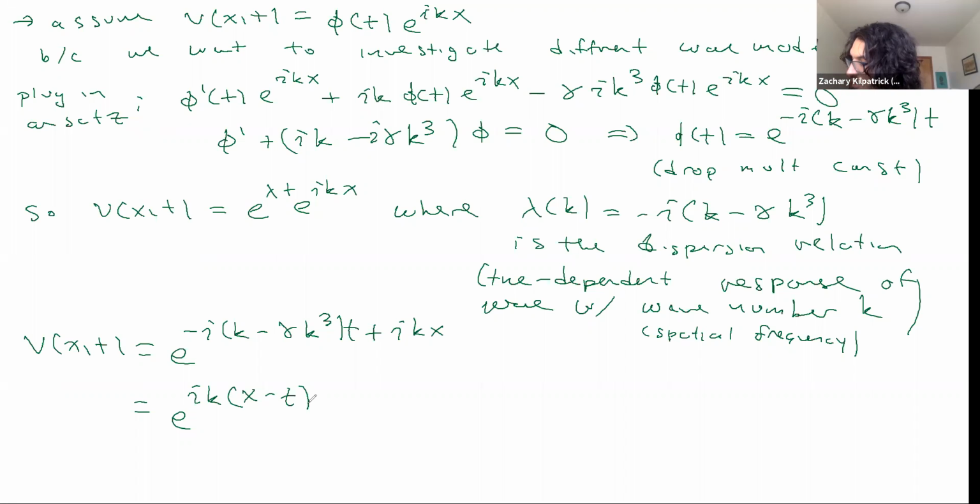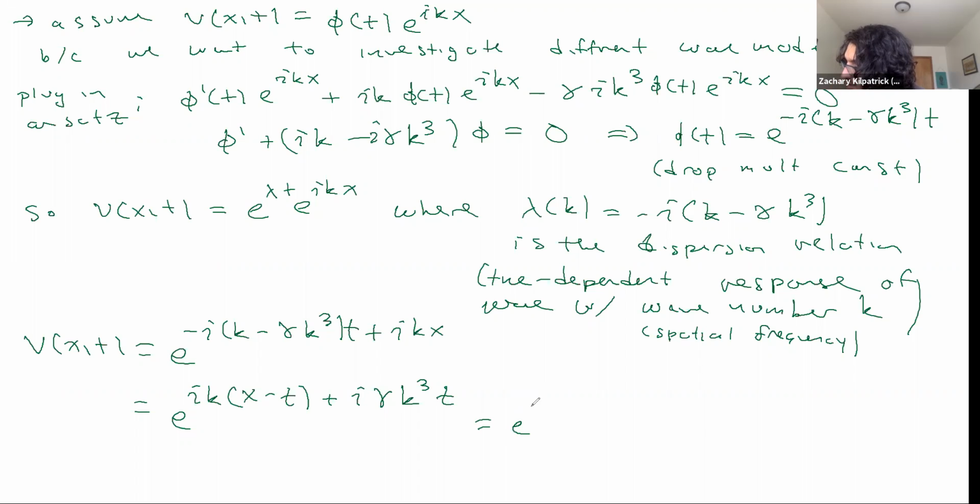And so the other piece of the equation is, I guess it'd be plus i gamma k cubed times t.